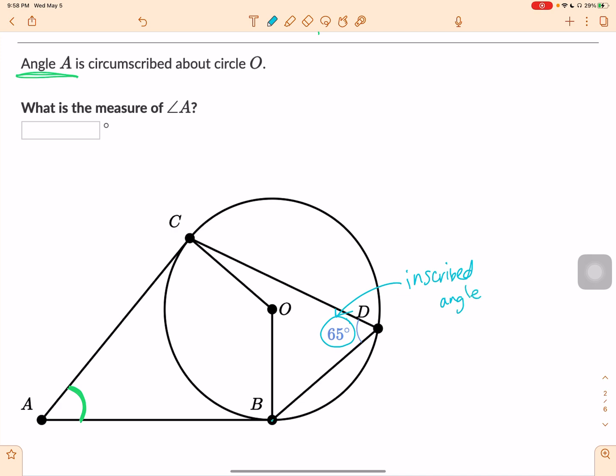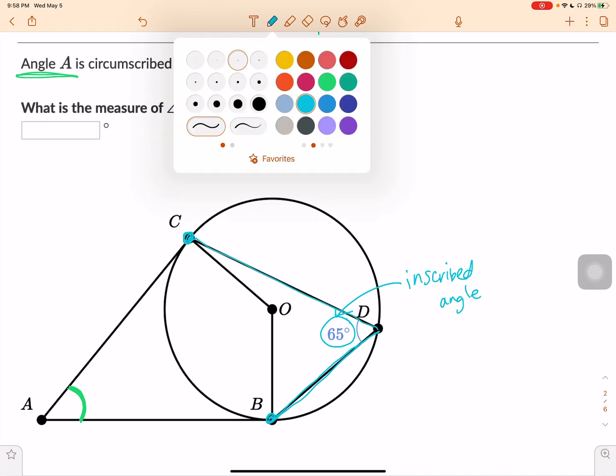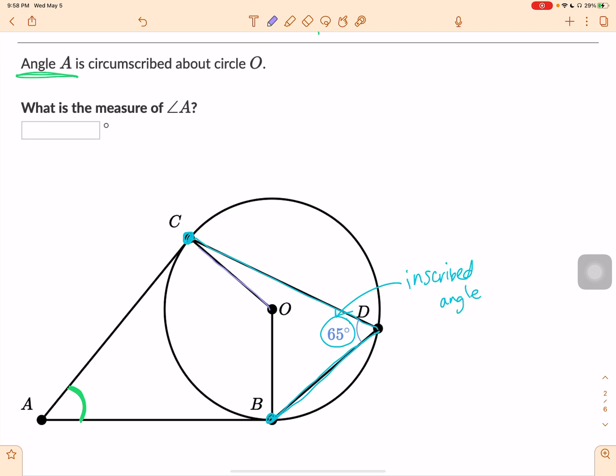What that shows me is that here, where that angle touches the edge of the circle there at B and here at C, that's also where this central angle touches the edge of the circle. So this central angle is twice the measurement of the 65 degrees there, okay? So this is important for us to know here.